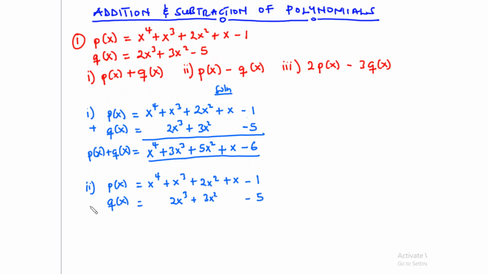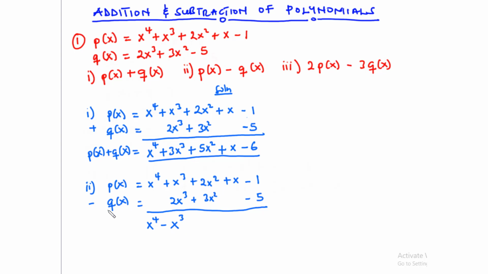Now we are going to subtract the two polynomials. x exponent 4 minus 0 is still x exponent 4. x cubed minus 2x cubed is negative x cubed.